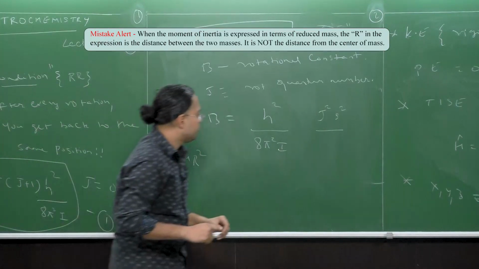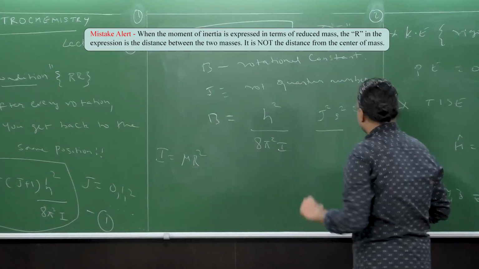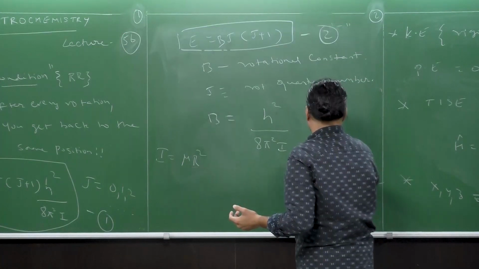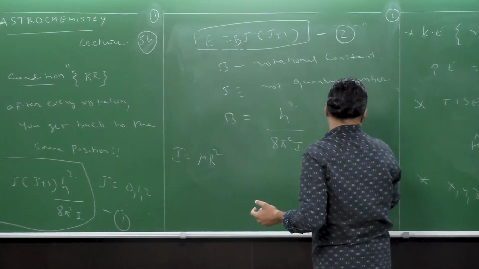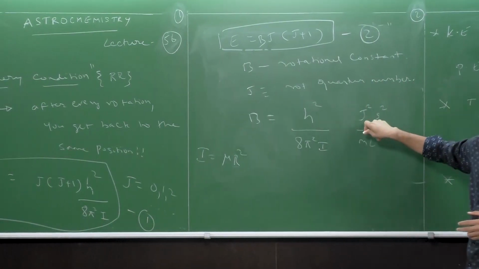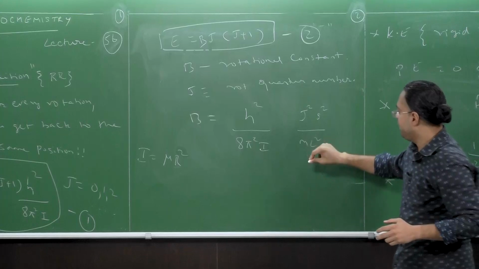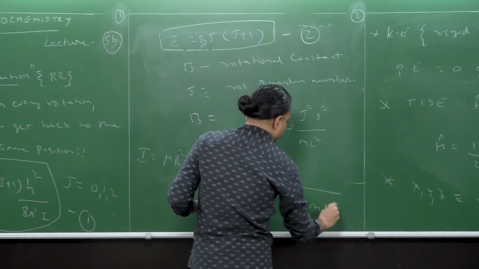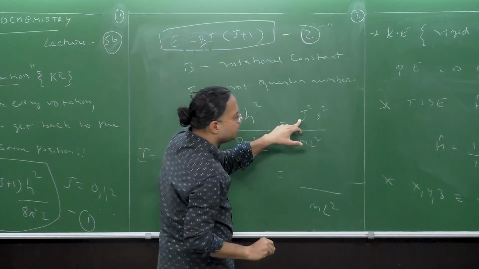So my I therefore is going to be mass times length square. Now this has to be converted to mass and length. Now, joule is going to be what?